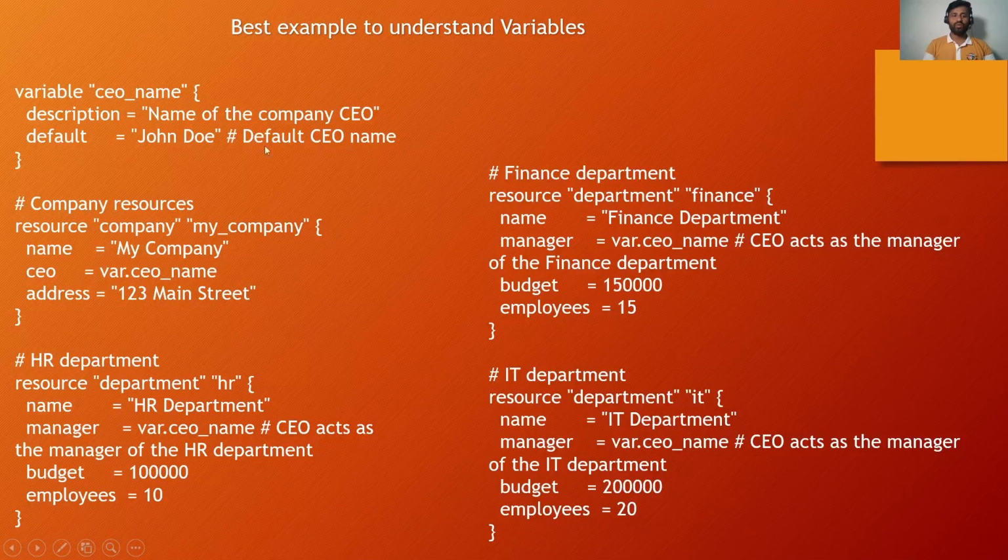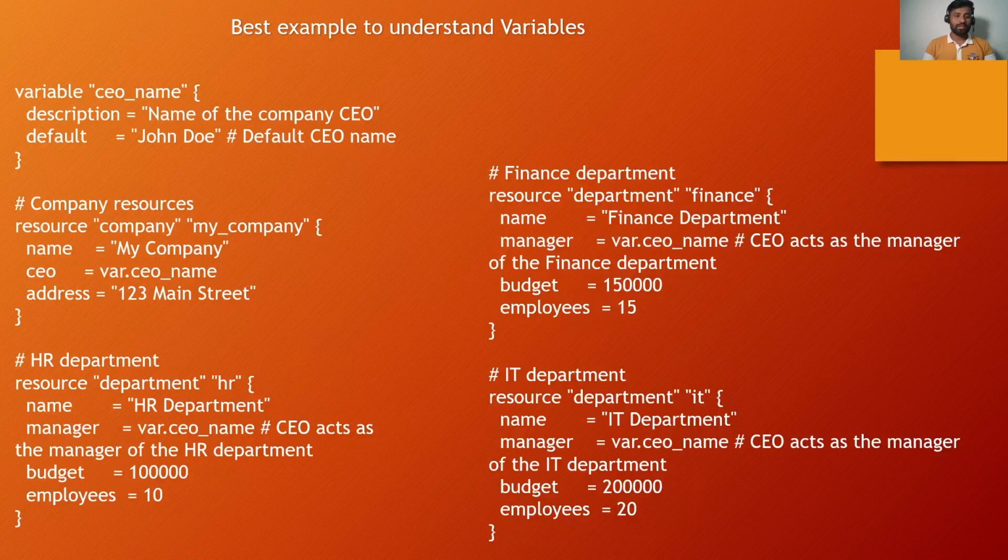The default CEO name is John Doe, and ceo_name is the variable name. If we change the default value here, instead of John Doe, if we put Audrey or some other name, then on all places this name will be displayed, right? So variables are this much important.